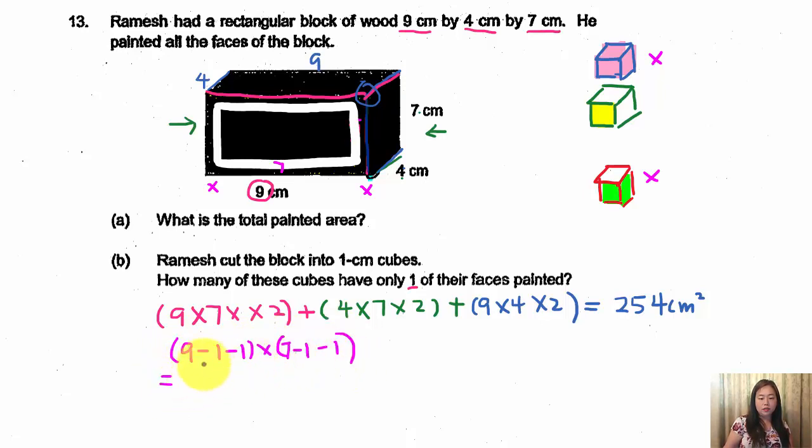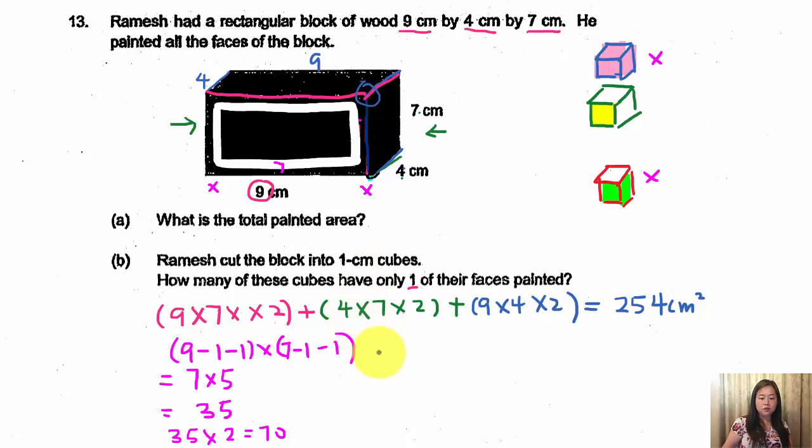Which will be 9 minus 2 is actually 7. 7 minus 2 is actually 5. 7 multiplied by 5 for this side here, there are 35 cubes that are painted only on one of their faces. If we add the one behind, it will be 35 times 2, which is equals to 70.